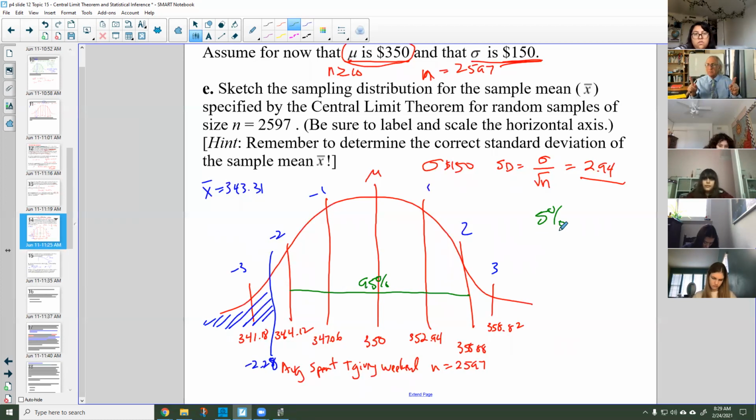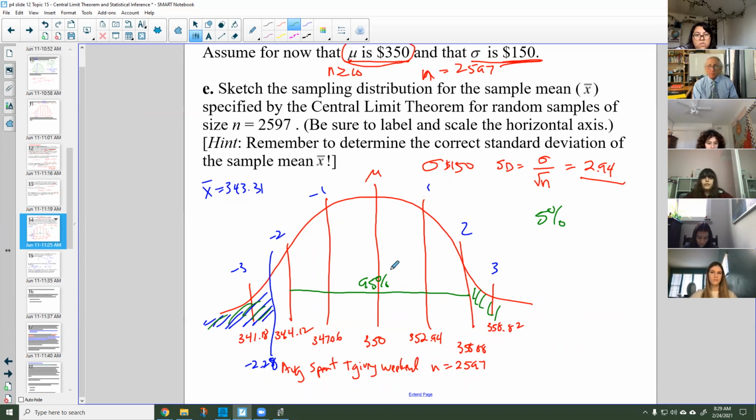If 95% of all the data is between -2 and +2 standard deviations, that means only 5% can be over here or over here.